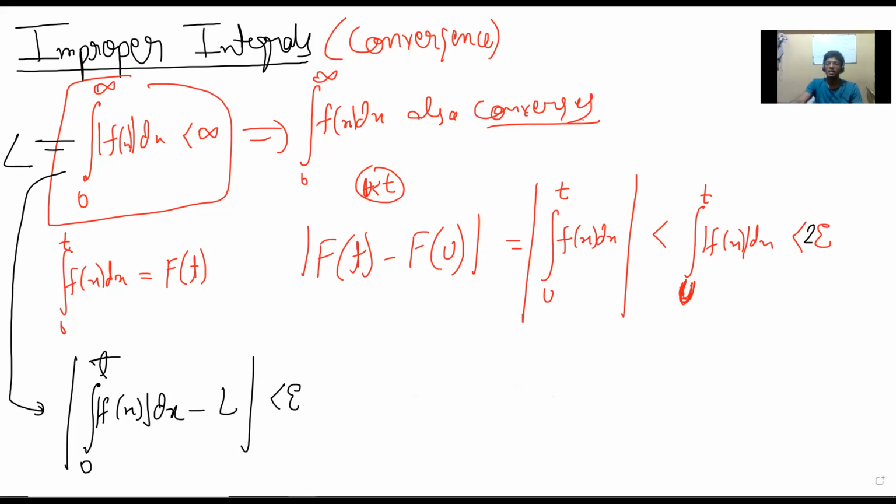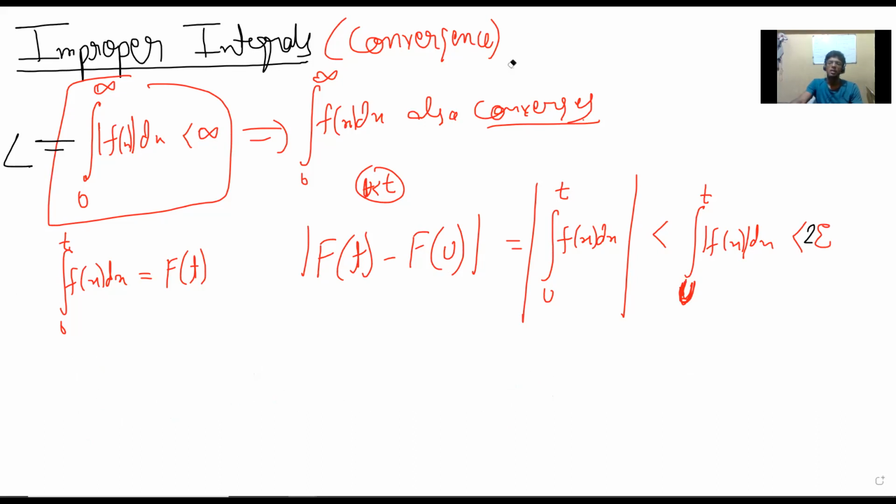This is the exact same type of route that one takes when one proves the same statement for summations and convergence of series by using absolute convergence. So what do we know? We know that the integral from u to t of f(x) dx is less than epsilon.